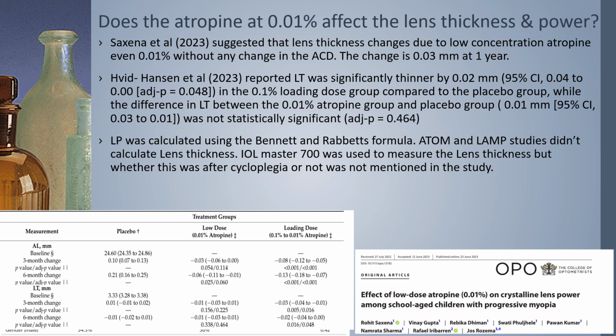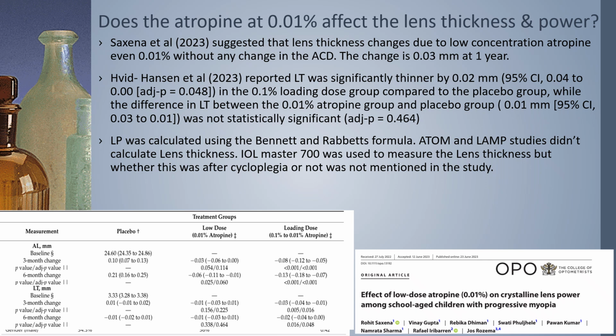Now we already know that atropine does affect the lens by blocking accommodation, and once accommodation is blocked, the lens cannot move anteriorly, thereby nullifying accommodation.